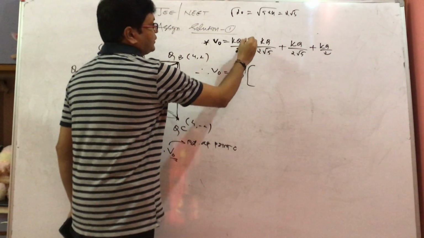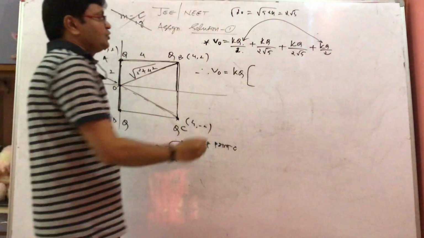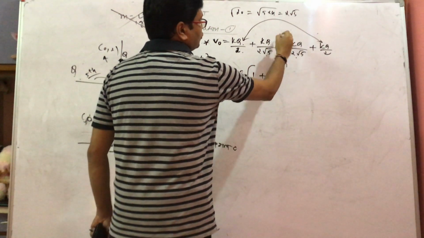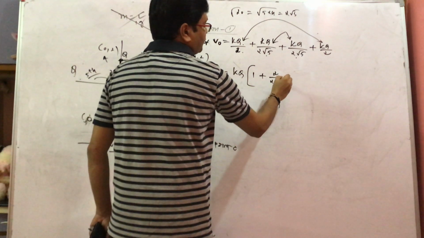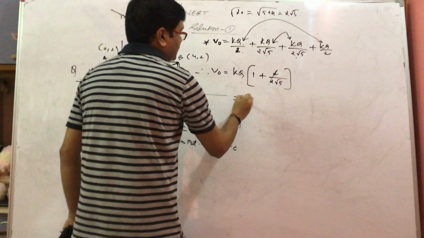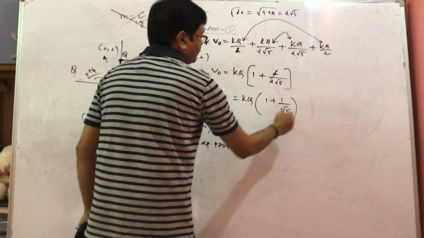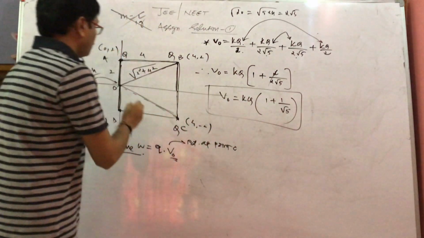Here 1/2 and here also 1/2, so 1/2 plus 1/2 is 1, plus 1 upon 2 root 5 and 1 upon 2 root 5, which is 2 by 2 root 5. The 2 cancels. So kq times 1 plus 1 by root 5. This is the potential at this point O.